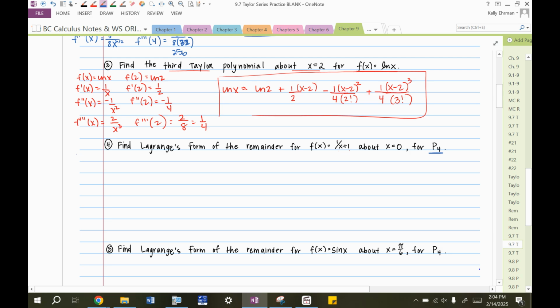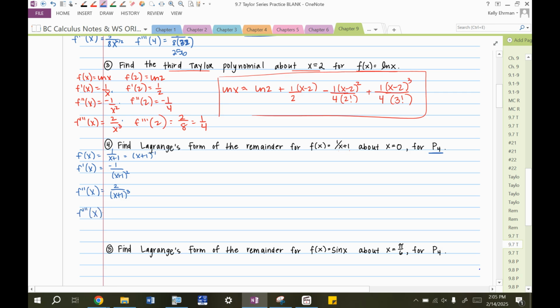All right. So f of x is 1 over x plus 1. Let's get out to 4 derivatives, which is, remember, this is x plus 1 to the negative first. So you're going to be doing it just like these derivatives, but you're going to have an x plus 1 in here. So this one will be negative 1 over x plus 1 squared. And then the second derivative will be 2 over x plus 1 to the third.